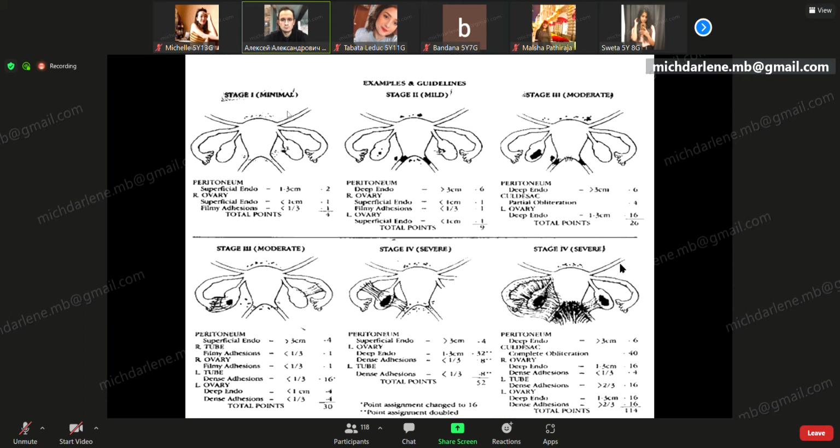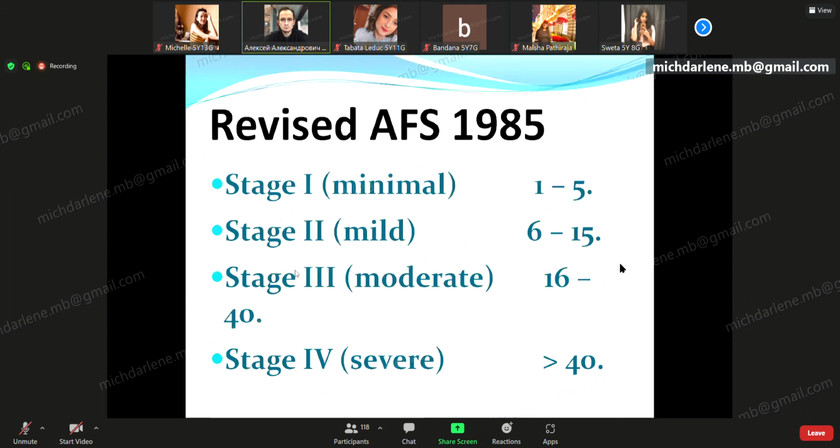We'll take a look at different places, different seats, different stages of adhesions, and as a result, different points which a person can get during our laparoscopy.